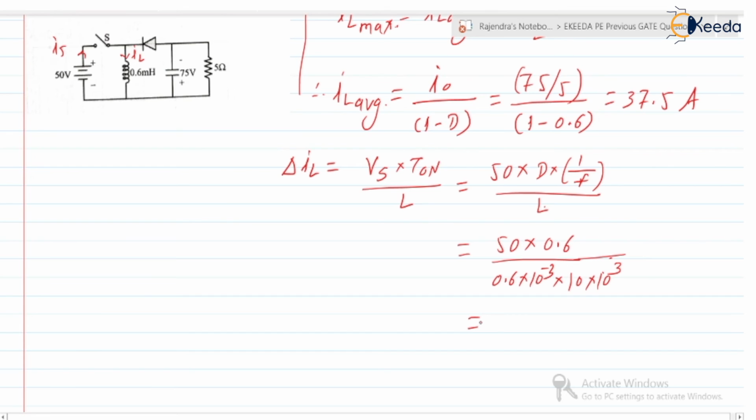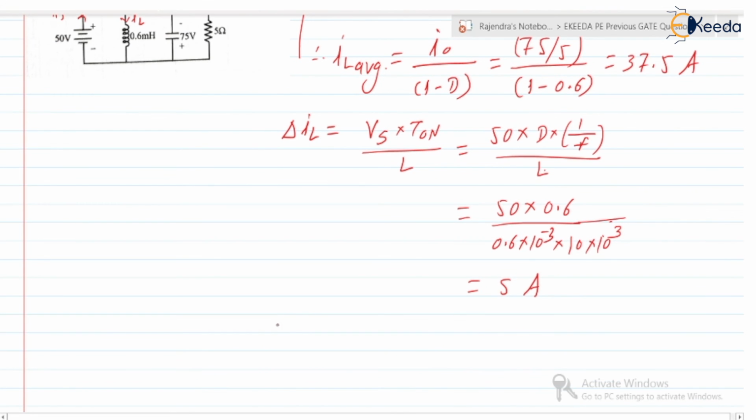Once we get delta IL, we can find IL max, that is the peak value of the inductor current. Delta IL comes out to be 5 amp.